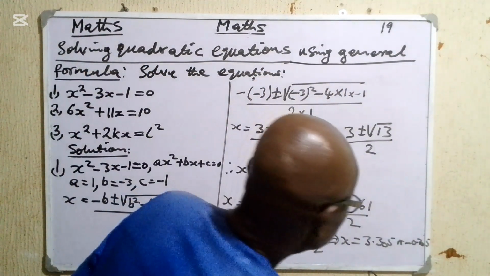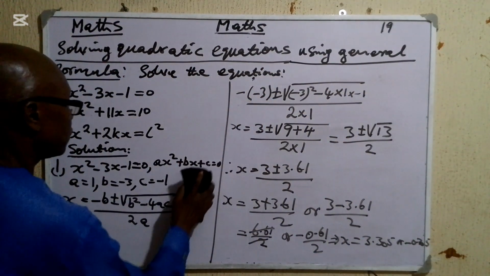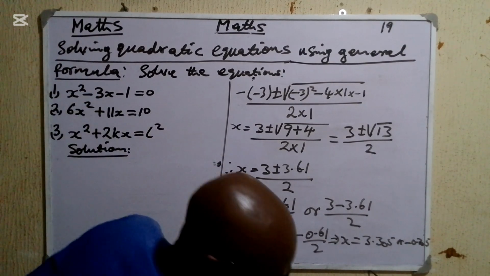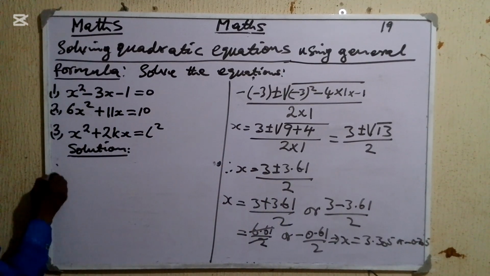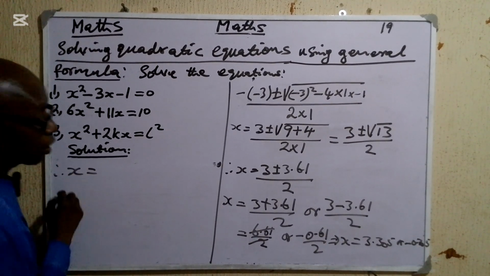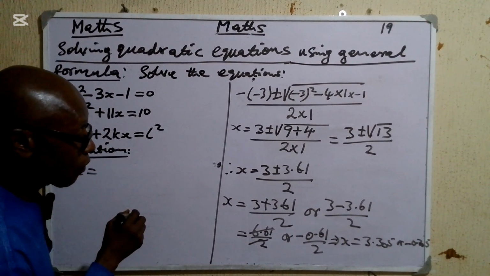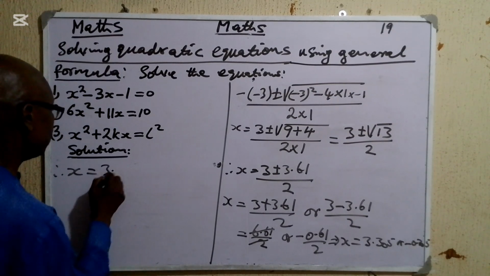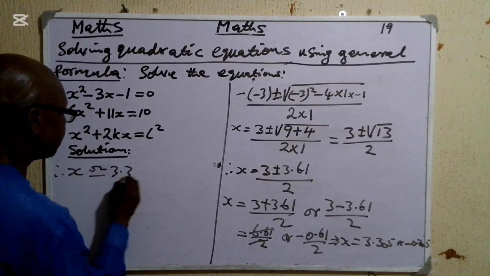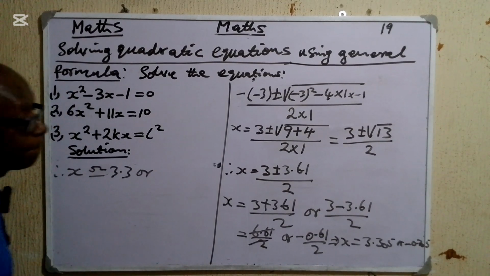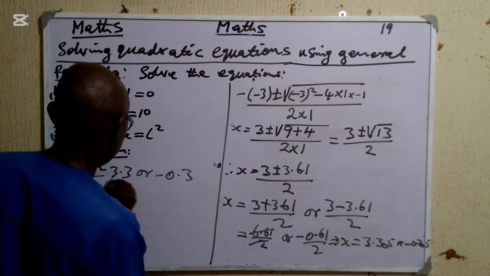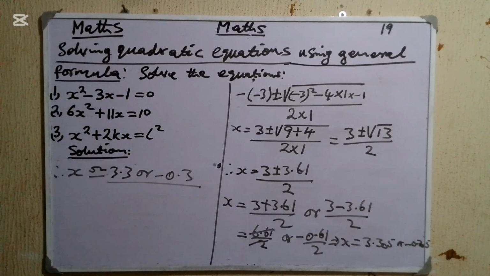So from there, we now have our final answer: x is approximately equal to 3.3 or minus 0.3, and that's the final answer to that.